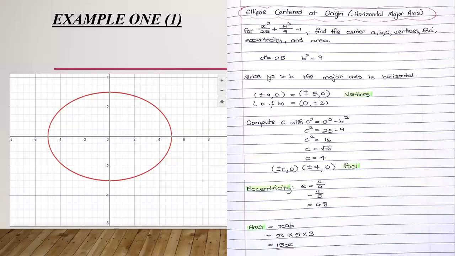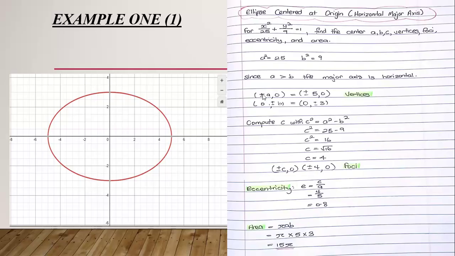Now, based on your formula, they give you that a squared is equal to 25, b squared is equal to 9. So by them giving you that, you know your values of a and b. Now, since b is less than a, the major axis is going to be horizontal. Therefore, these would be your vertices here.